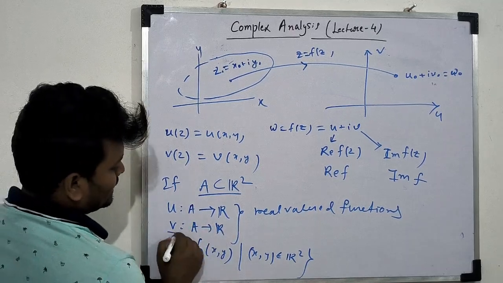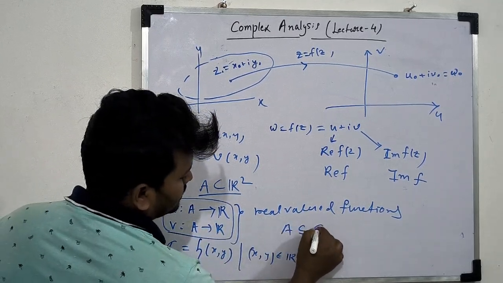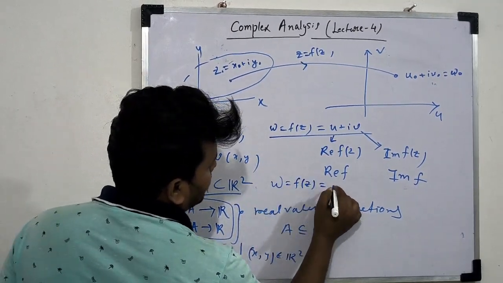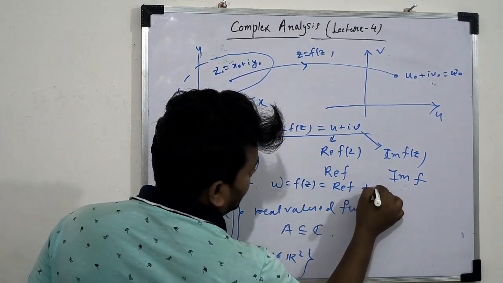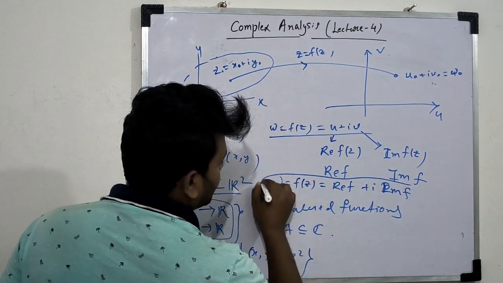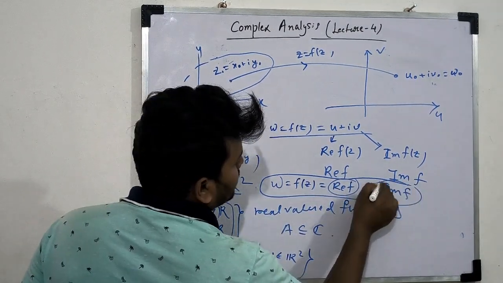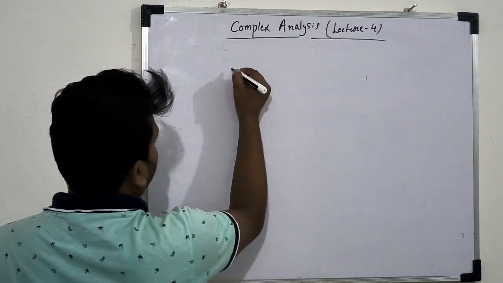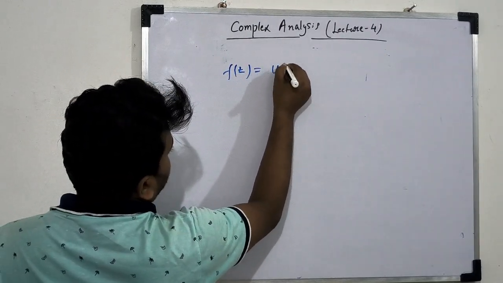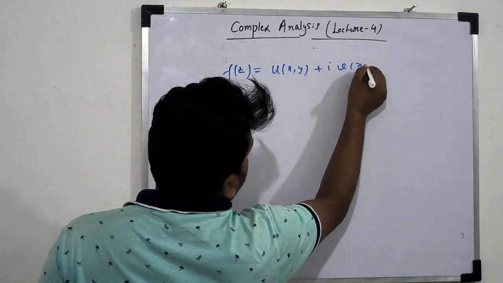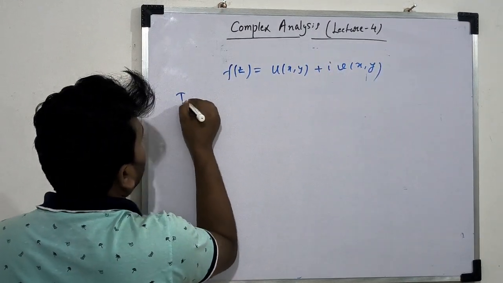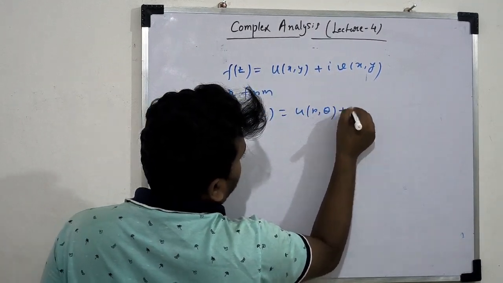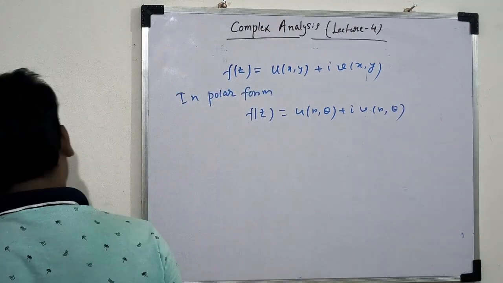Now we can take A as a subset of C. Now w equal to f of z can be written as real f plus i times imaginary f. So you can write in this form. Real f and imaginary f completely identify the function f(z). Also, this function f(z) equal to u(x,y) plus i v(x,y) can be written in polar form as u(r, theta) plus i v(r, theta). So you can write in this form.